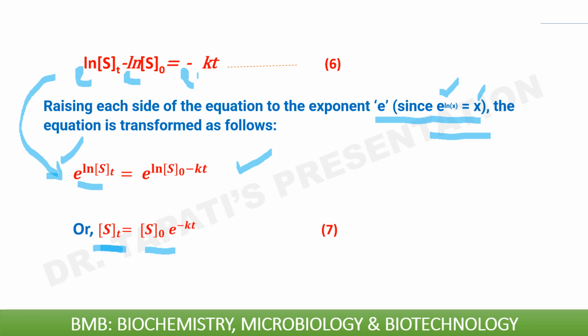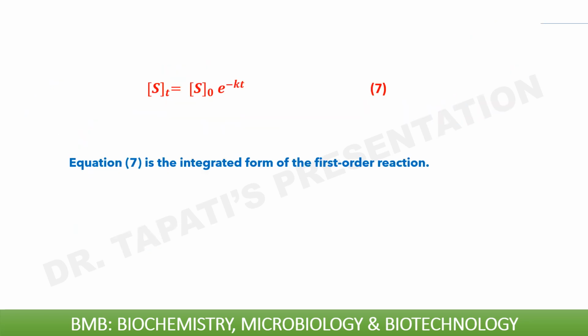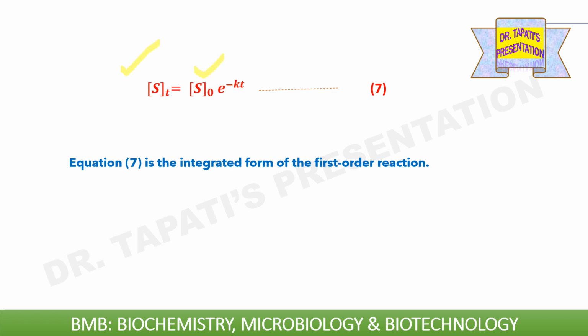I am giving this equation the name 7. So equation 7 is the integrated form of first order reaction, that is St is equal to S0 into e to the power minus kt. You have to remember it, very important for mathematical calculation.